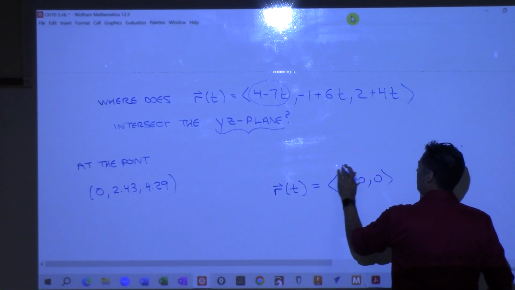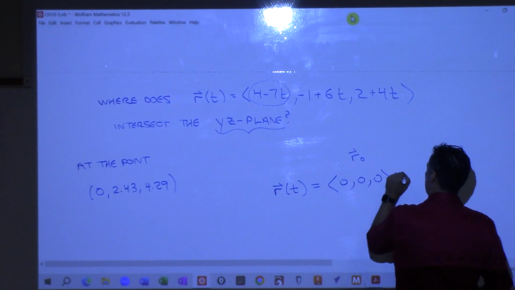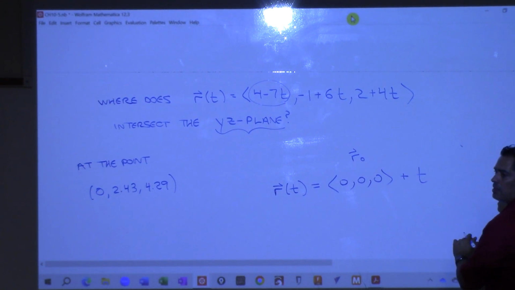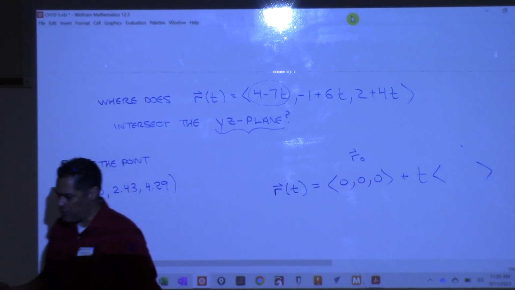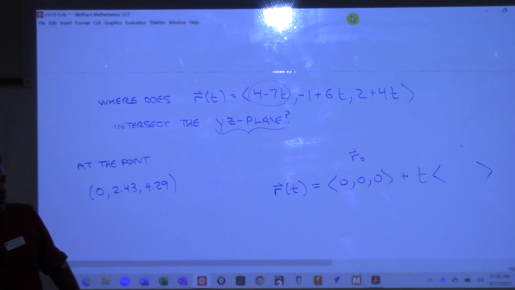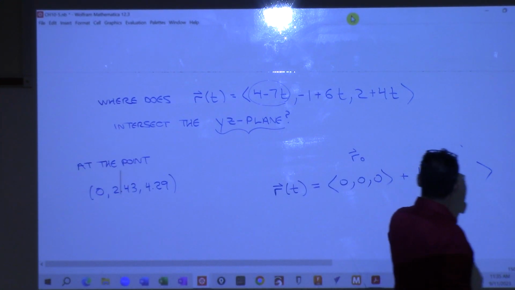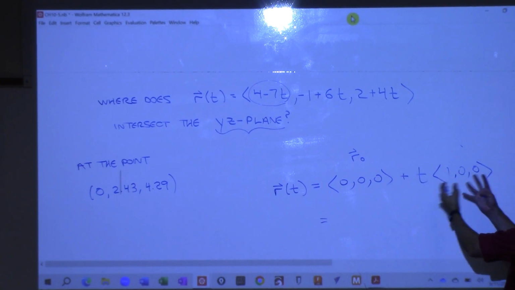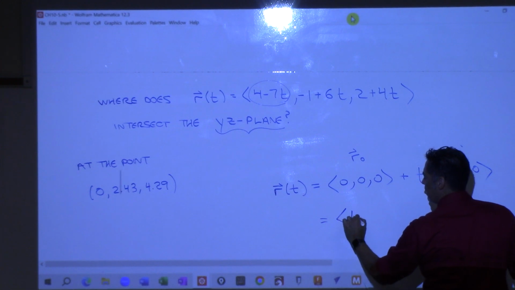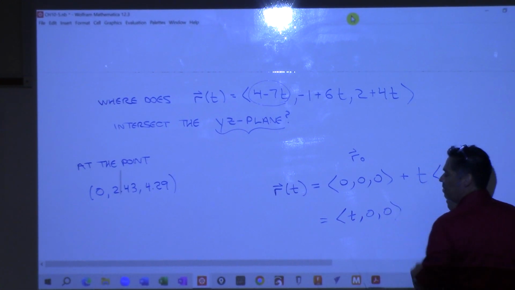This is our R naught, right? Plus T times, now you need your direction vector. What would be the direction vector down the x-axis? 1, 0, 0, or i hat, right? So you'd have 1, 0, 0. If I put all this together, this is the vector equation I get: T, 0, 0, okay?